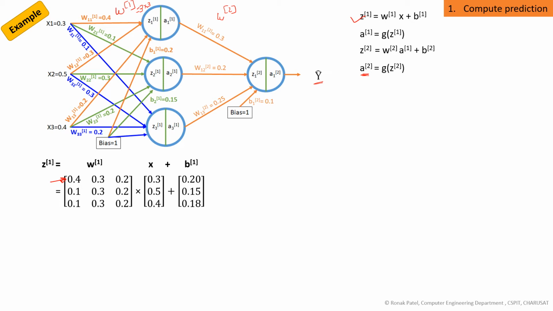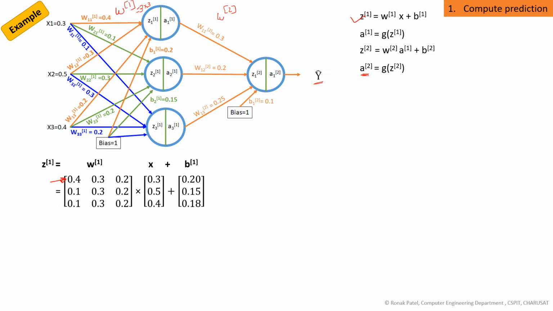In the same way, the second row indicates weights going to neuron 2 which is at layer 1. So this is the second neuron. The weights are 0.1, 0.3 and 0.2. Likewise the third neuron. So the number of rows depends on the neurons in this layer.